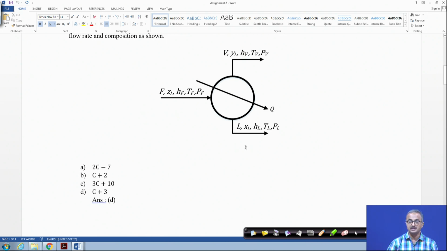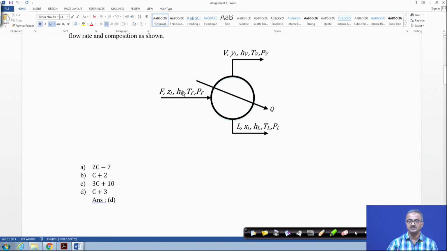Generally, F, V or L represent the flow rates, then Z, Y and X denote the compositions, then HF, HV, HL are the enthalpies, TF, TV, TL are the temperatures, and PF, PV, PL are the pressures.